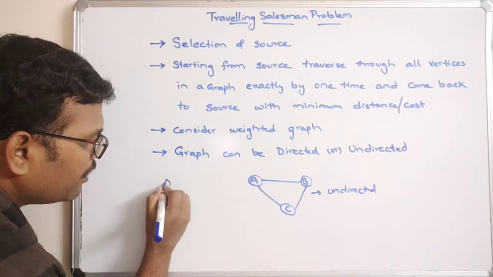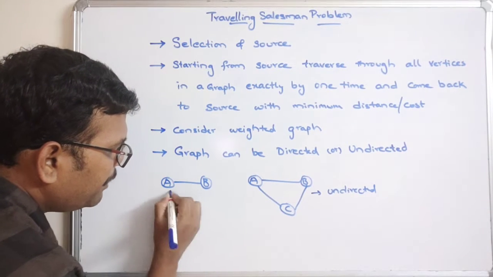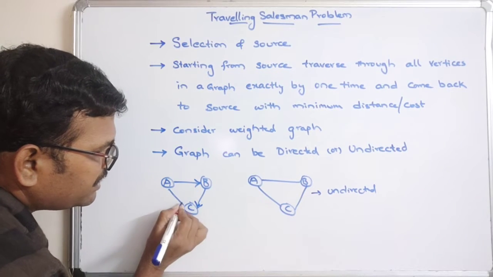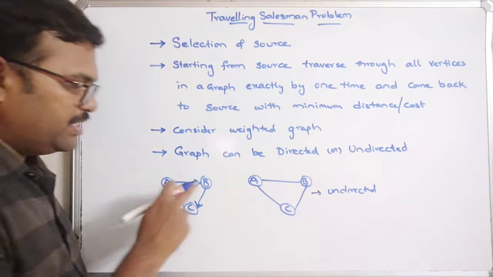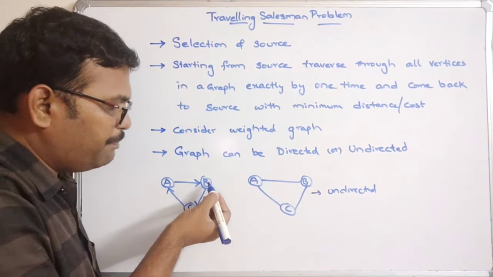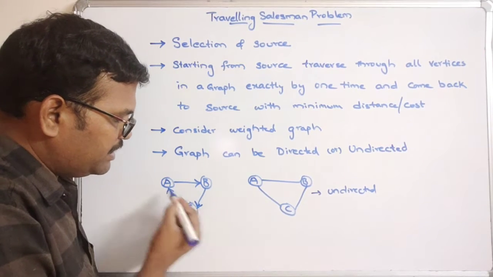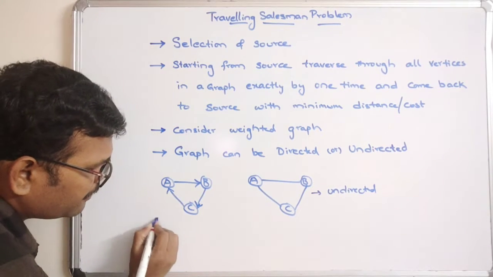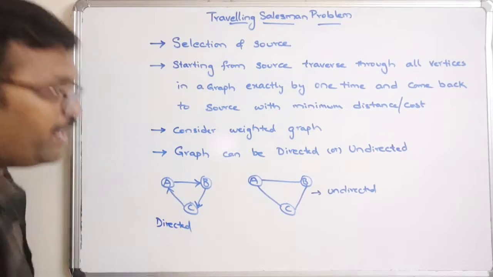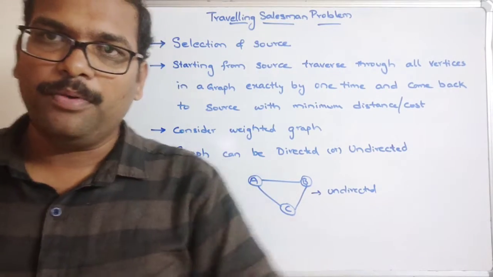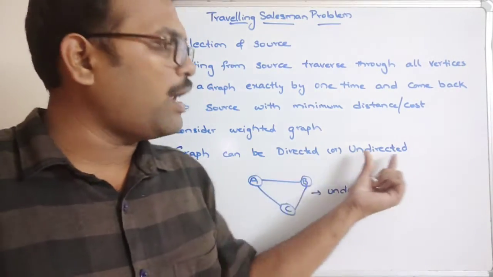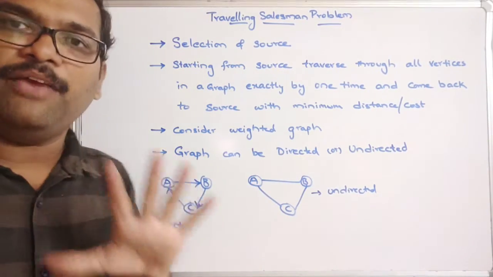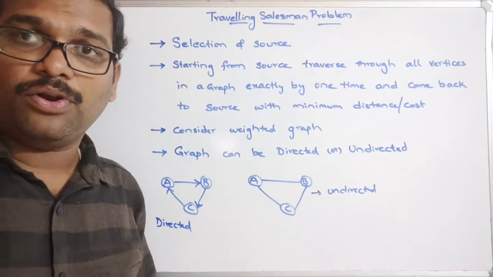Now for example, A, B, C where there are directions: this edge is between A and B, this edge is between B and C, this edge is between C and A. So there are directions, and this is a directed graph. We can work on the traveling salesman problem on either directed or undirected graphs, but it should be a weighted graph. For every edge there should be a weight which represents the distance or a cost.